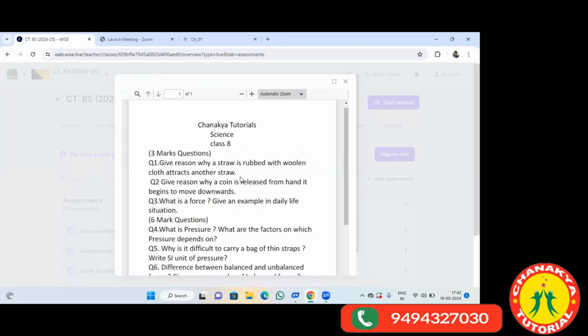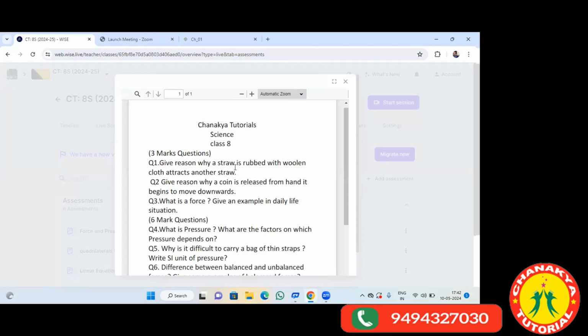Give a reason why a straw rubbed with woolen cloth attracts another straw. When a straw is rubbed with woolen cloth, some charges are transferred from the woolen cloth to the straw, and hence the straw becomes charged.